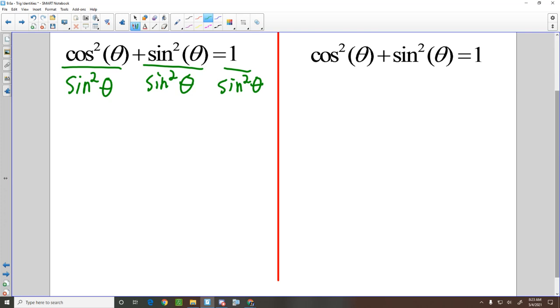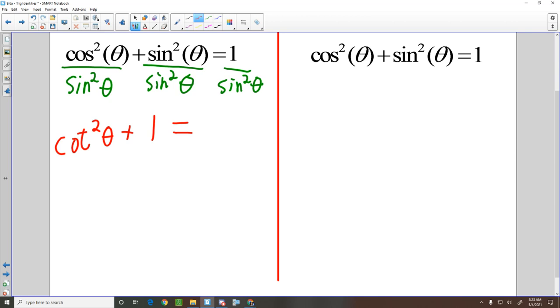First off, cosine squared over sine squared. What can I rewrite that as using some of our identities that we already know? That's the same as the cotangent of an angle. So I can say cotangent squared plus, how about this middle term? What's sine squared divided by sine squared? Good, that's just 1. Anything divided by itself equals 1. Finally, what's 1 over sine squared? That's one of those reciprocal identities. Do you remember which one it is?